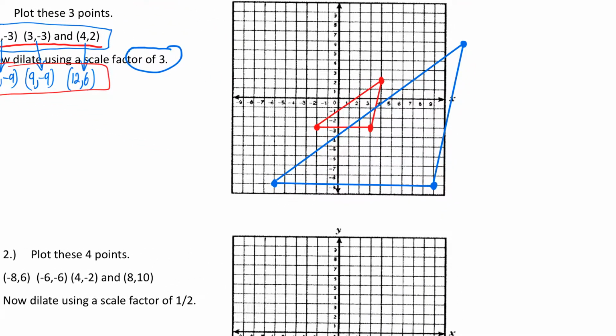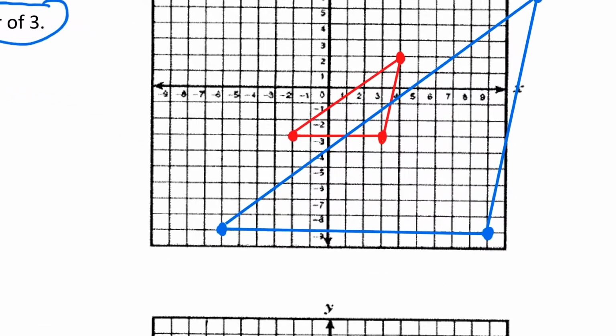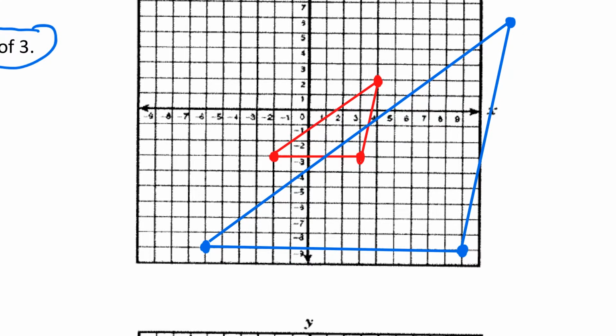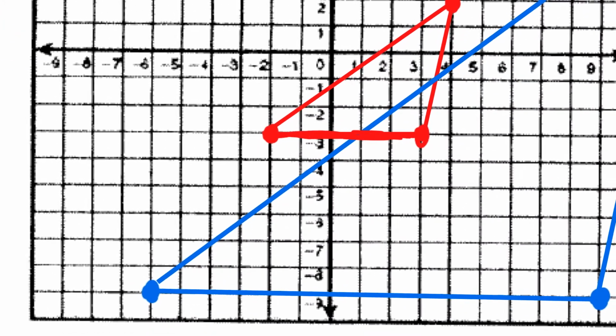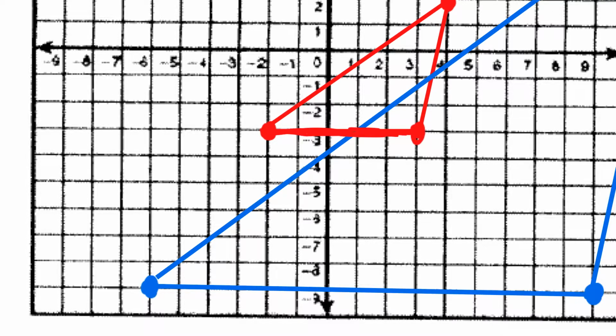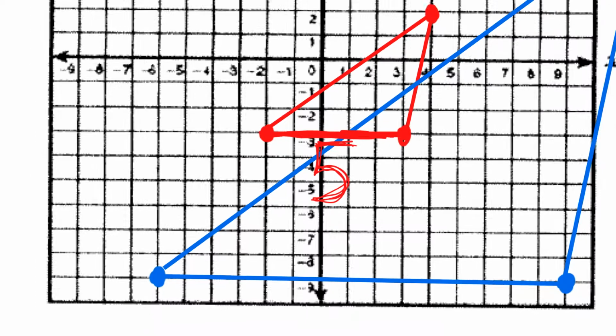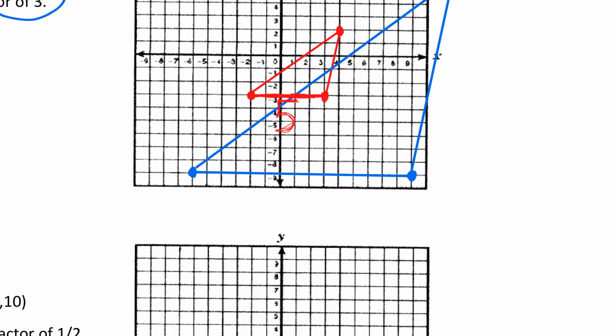Now, I just want to look at one thing here real quick. On the original one, the one that I drew in red there, this side down here on the bottom, how long is that side of that triangle? Just count how many units that is. It's 5 units, right? Now, how long is the same side that corresponds to that on the new triangle?